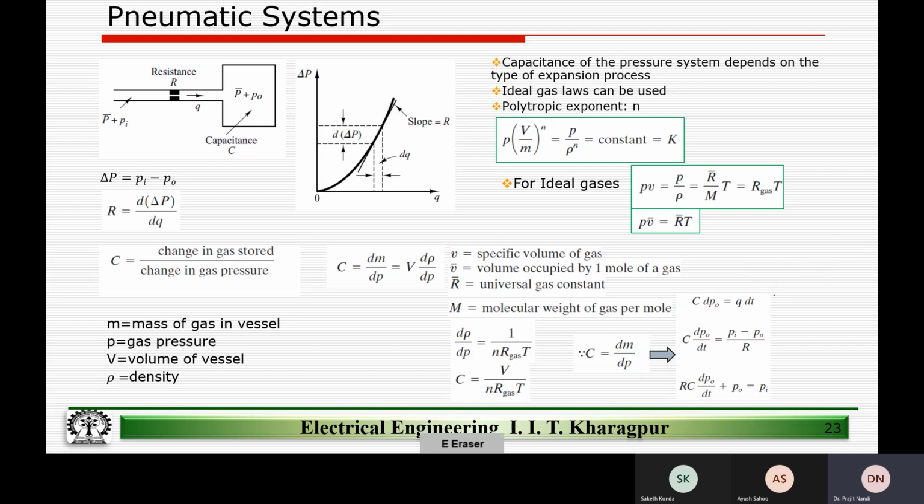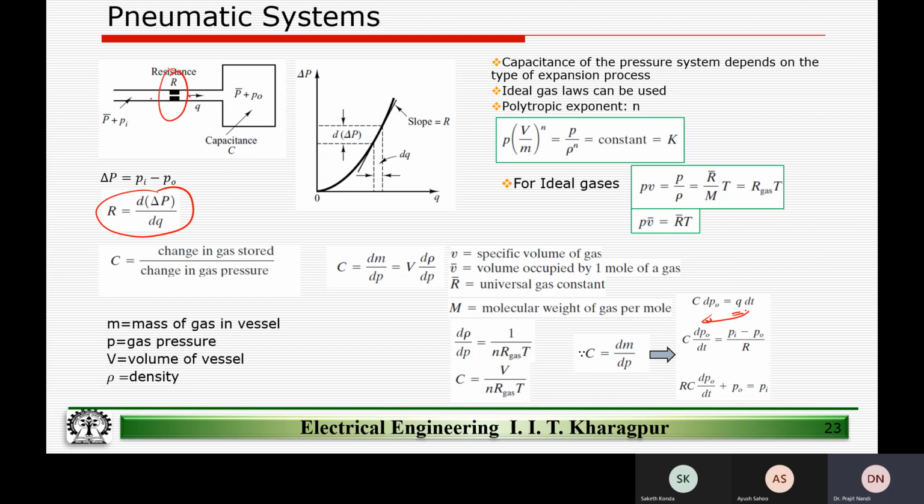So now, what is Q? We have to replace this Q and dt. We have to find Q, and as we can see from this equation, the flow rate equals the pressure difference across these two points divided by the resistance offered by this orifice, right?